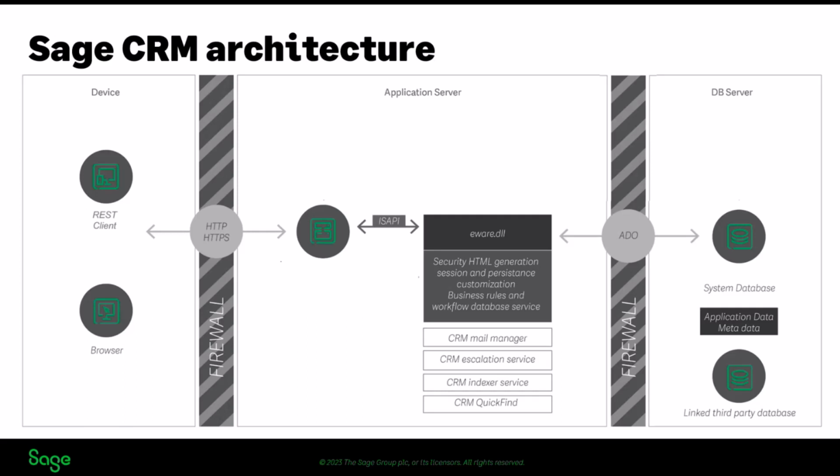These are all actors on the server, all working through the eWare DLL, again ultimately drawing information from the system database through that connection that the eWare DLL is managing.